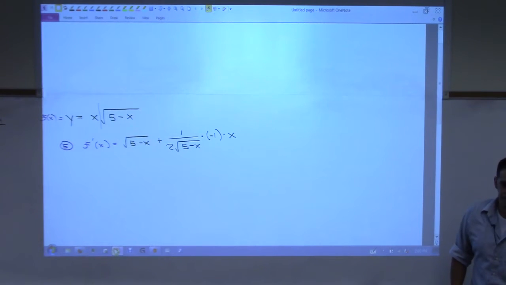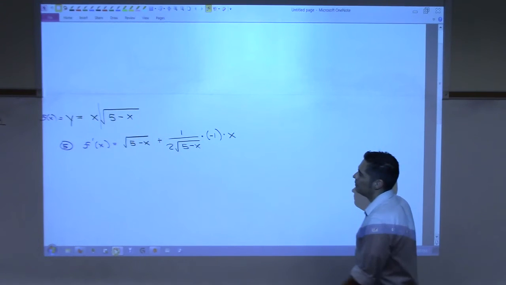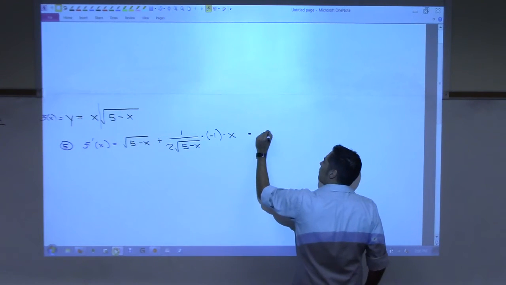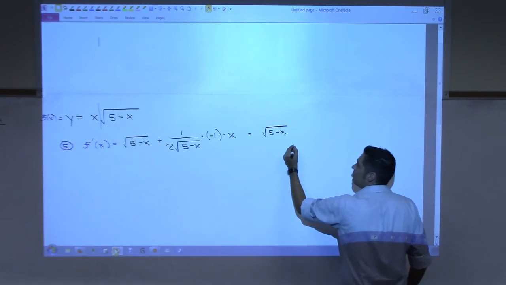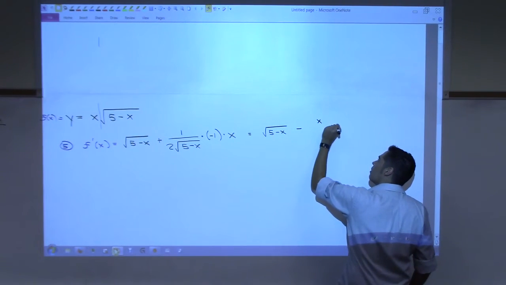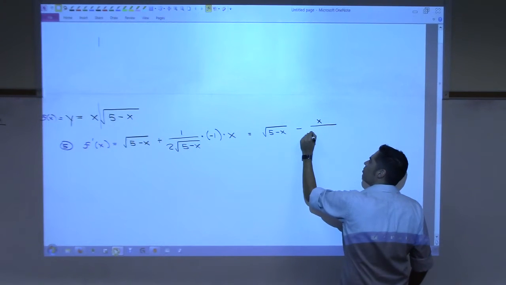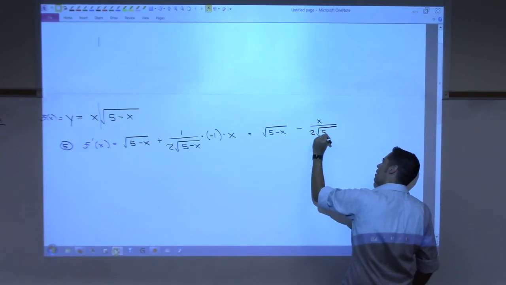Agree? Yeah, this is going to be root 5 minus x, and then minus x over 2 roots of 5 minus x.